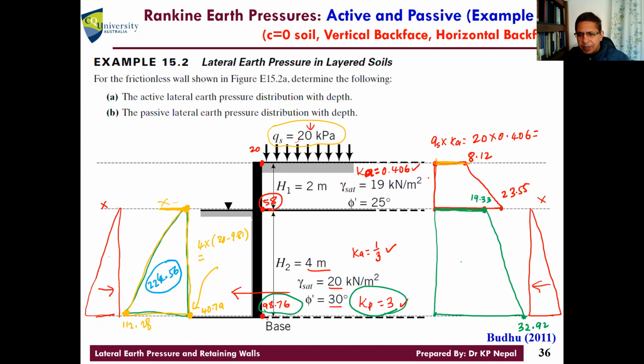How about this now? What is the area of this shape? So 19.33 plus 32.92, right? Divided by 2. This is the average times 4. So 104.5.